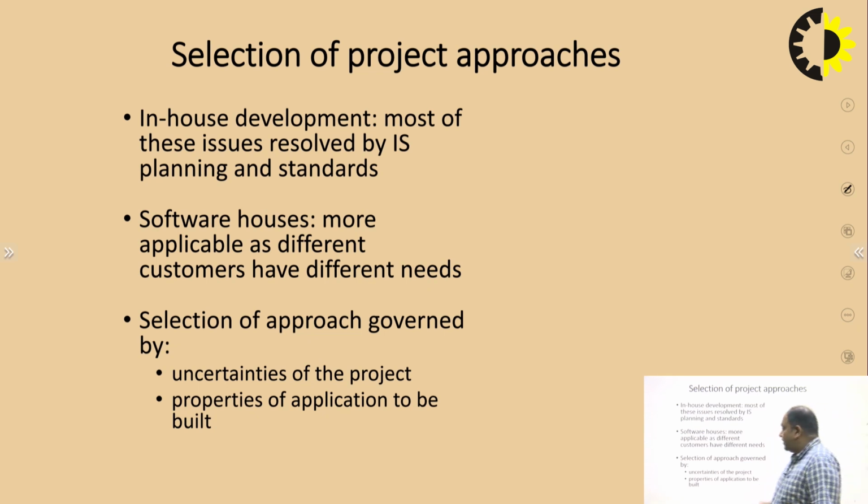Also, during the development of the project, we may have uncertainties like risk analysis, risk management, cost benefit analysis, time duration and time schedule. And the properties of the application to be built include where this application or project can be used, what its applications are, and what properties the project will fulfill.